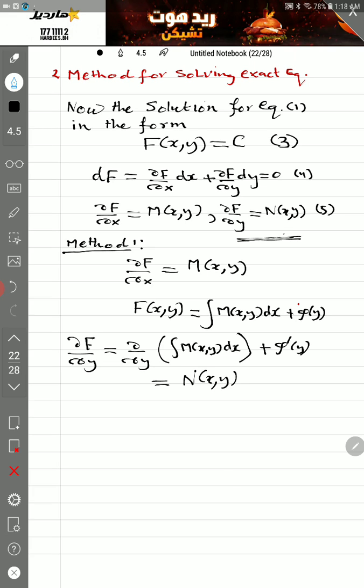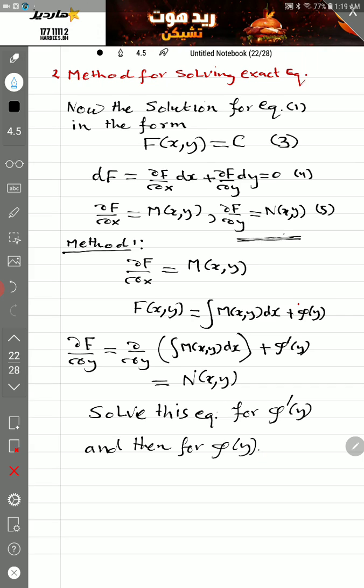You have two sides of the equation, so you need to solve this equation for phi prime of y, and then for phi of y.